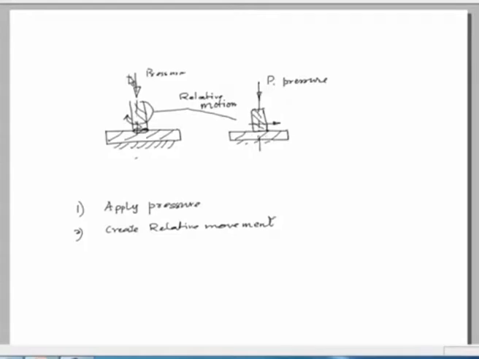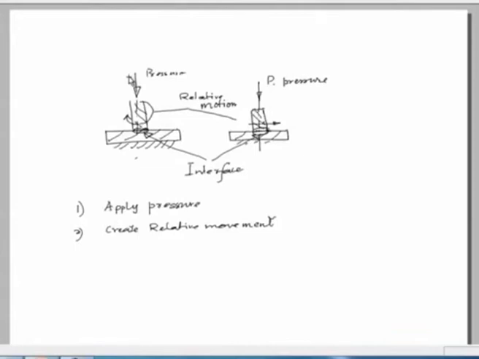Now, because of this, the interface of these two bodies under relative movement will get heated up, and there will be a plastic deformation in the locality where the pressure is applied.